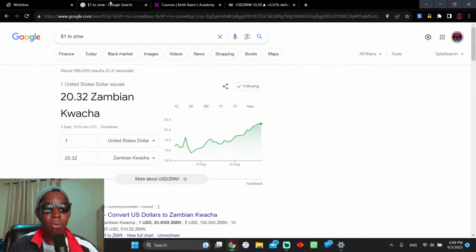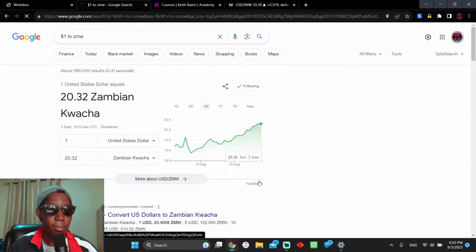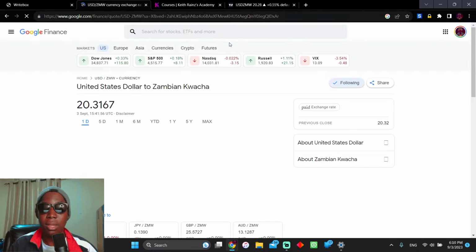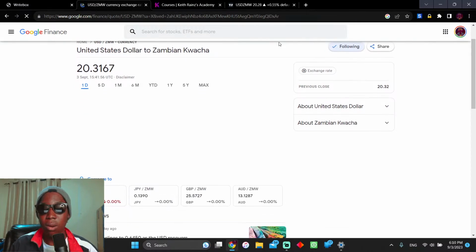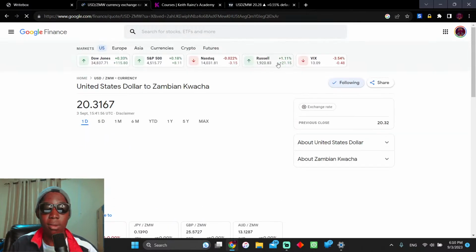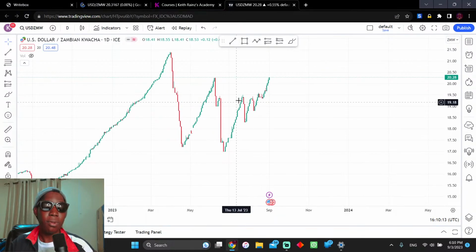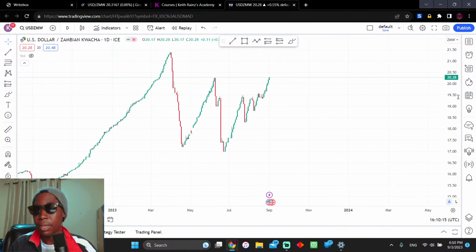I don't know where Google gets this data from. Let's not care much about where this data is coming from. Let us just work with these estimates as of today. So as of today, $1 is at 20.28.